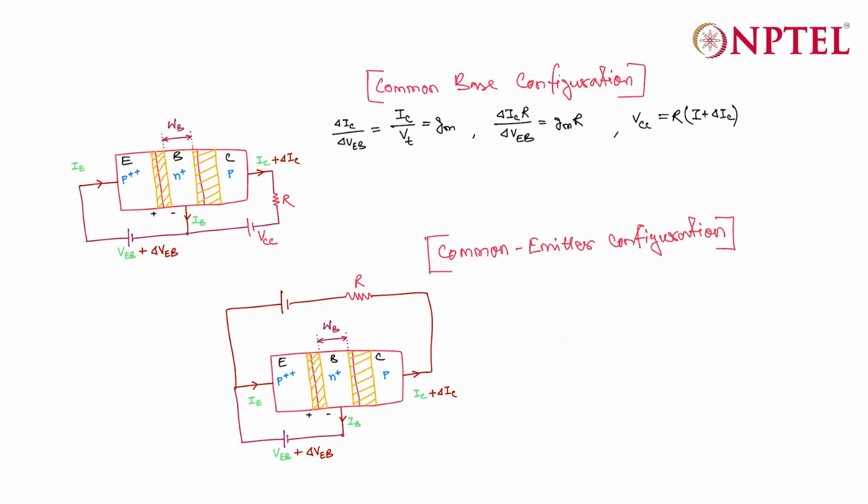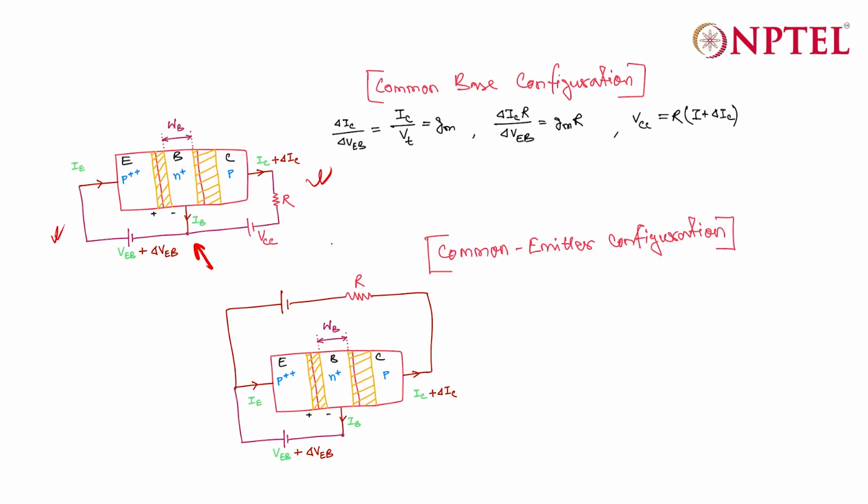Now we have seen different BJT biasing. Now there are different BJT configurations also which generally people use for different purposes. One I already have explained or discussed, which is common base configuration, wherein your base is common to both input and output side.